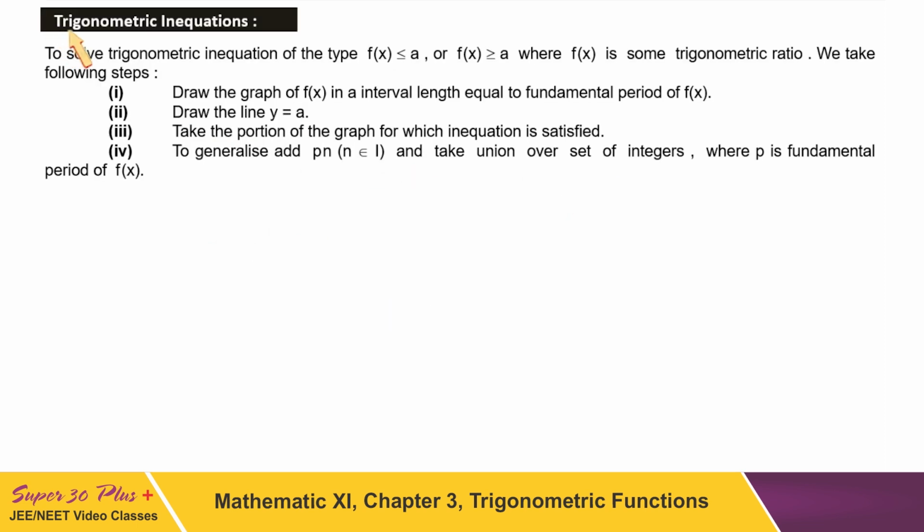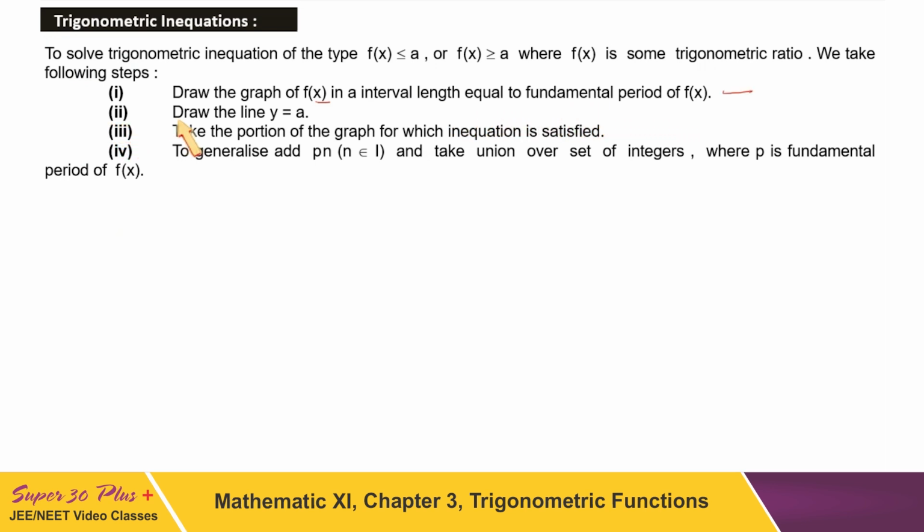Students, let's see trigonometric inequations. To solve trigonometric inequation of a type f(x) less than or equal to a or f(x) greater than or equal to a, where f(x) is some trigonometric ratio, we take following steps. Step 1. Draw the graph of f(x) in an interval length equal to the fundamental period of f(x).